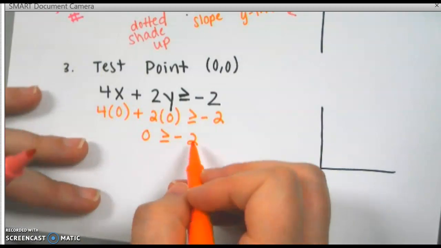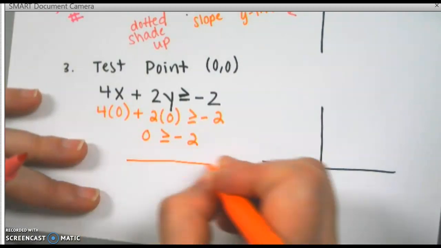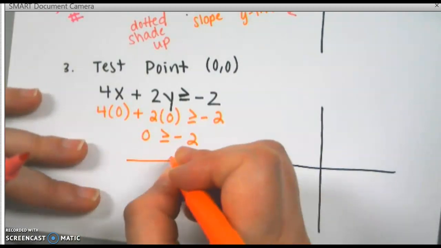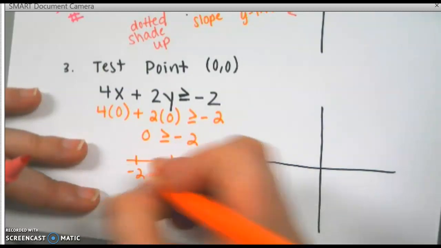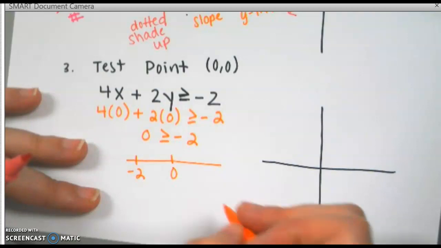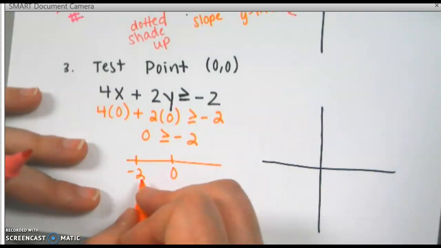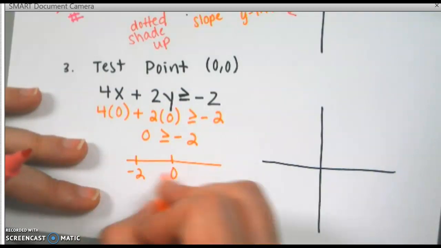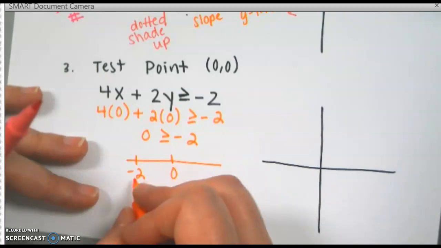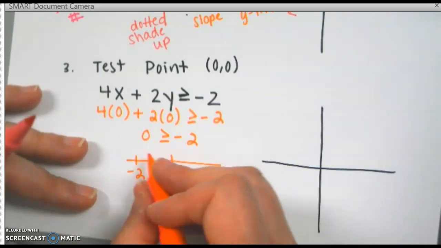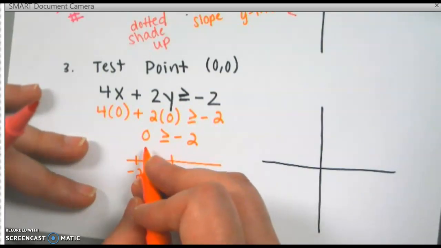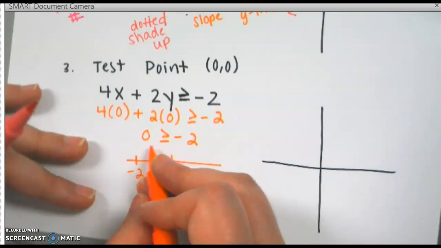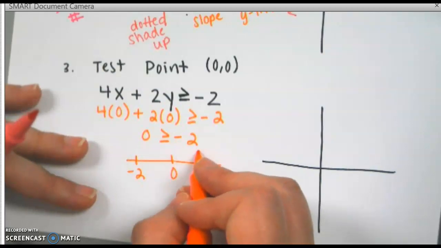Is 0 greater than or equal to negative 2? You might need to use your number line. Here's 0 on the number line. Negative 2 would be to the left. The bigger numbers are always to the right. So yes, 0 is bigger than negative 2. Someone with $0 has more money than somebody with negative $2.